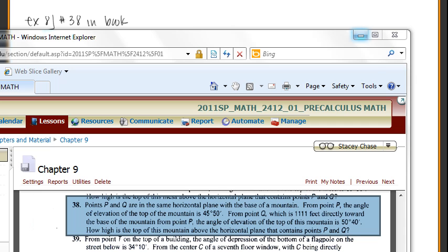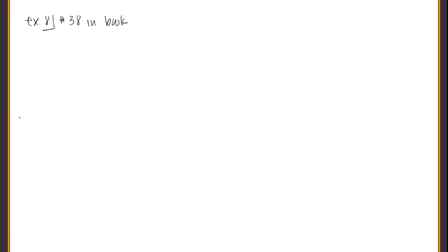Alright, we got P, we got Q. Let's draw ourselves a picture. Flat road, mountain. We'll put there point P, and there point Q, 1,111 feet directly closer.